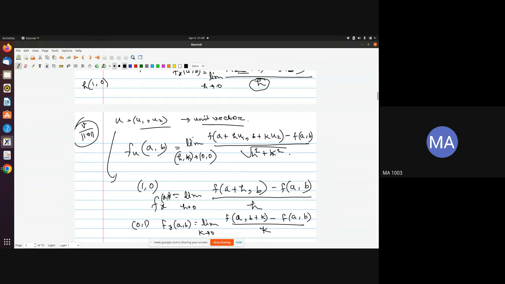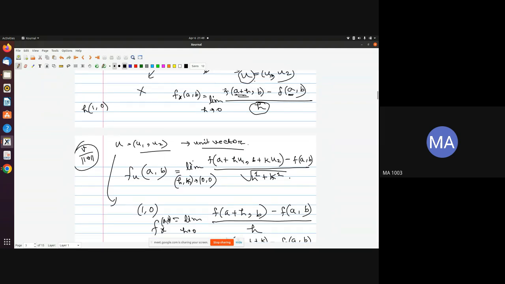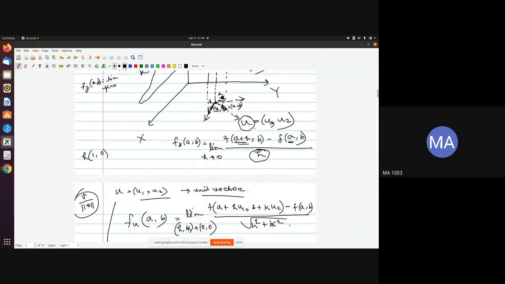Now, if I just take my increment on both sides as the same h, the same quantity, will that affect my limit? It shouldn't affect the limit. It will still not, because it is a very small quantity. Exactly. So for both directions, I really don't need two variables.